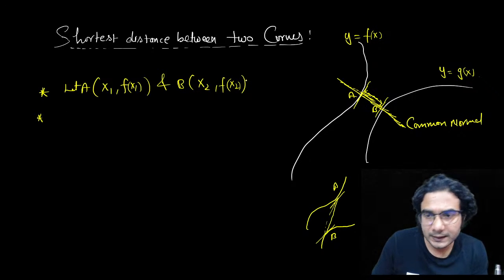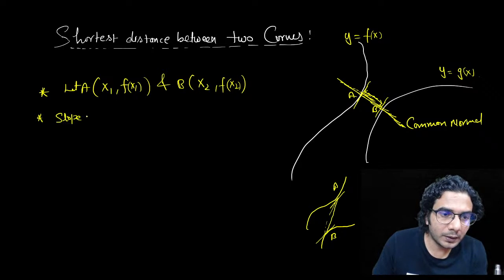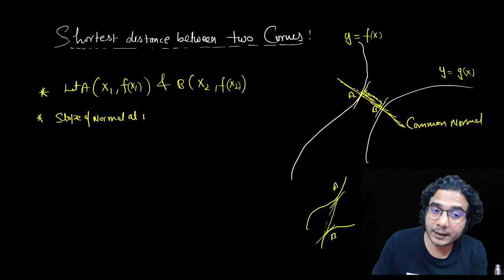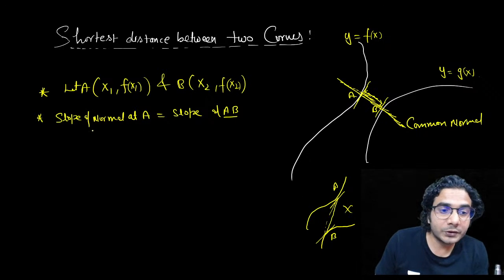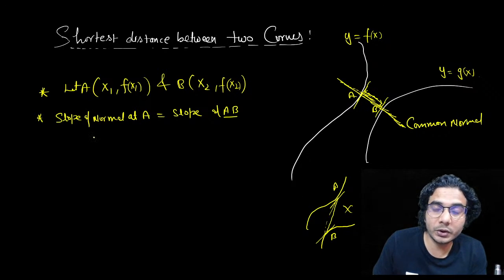First relation is that the slope of the normal at point A is equal to the slope of AB.